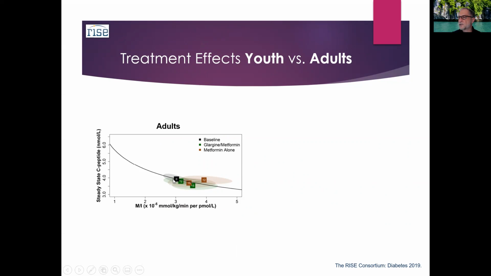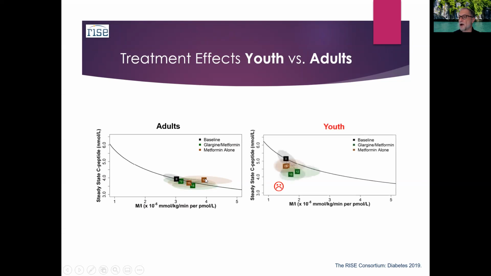And what we see in these individuals with glargine followed by metformin is that at 12 months, there is no real improvement, but perhaps maintenance of their position on that beta cell function relative to insulin sensitivity. At 15 months, again, some improvement in insulin sensitivity, but more or less staying on that line. In the metformin alone, there is improvement in insulin sensitivity over 12 months, followed by a regression to the line after.